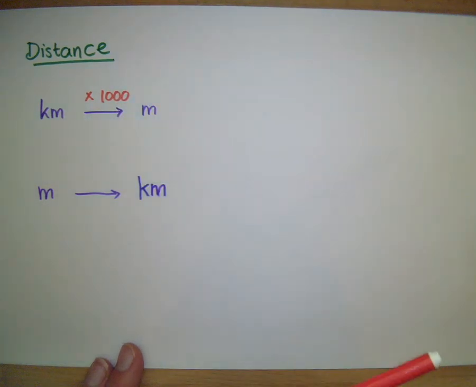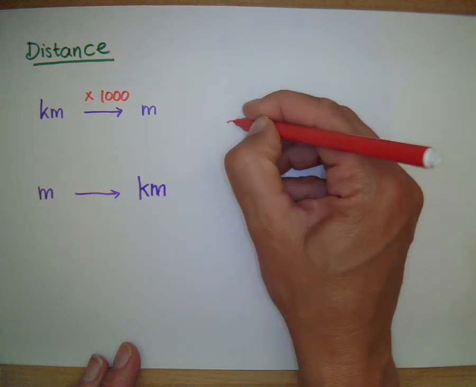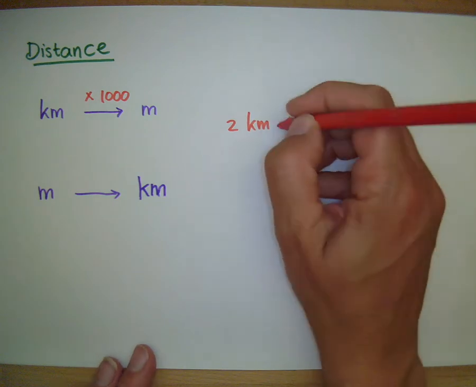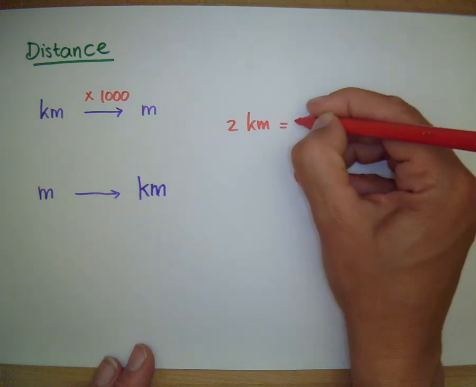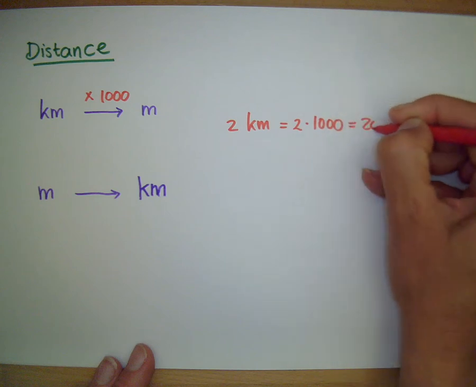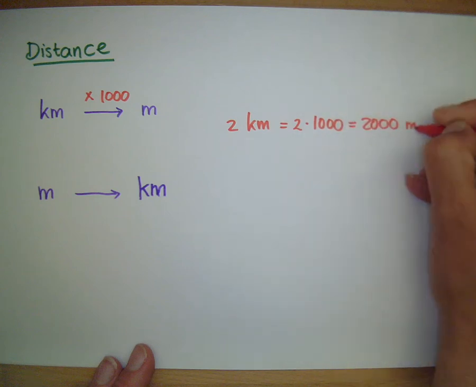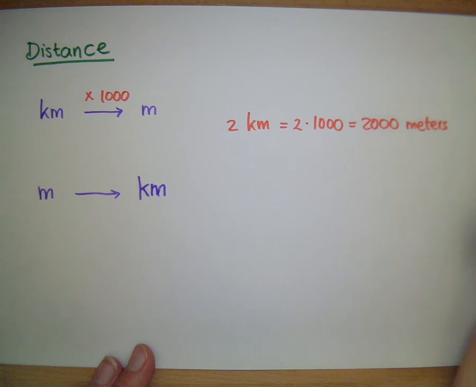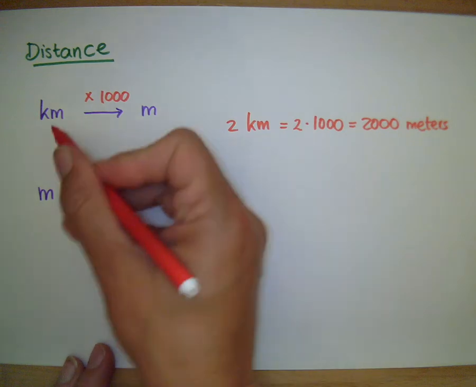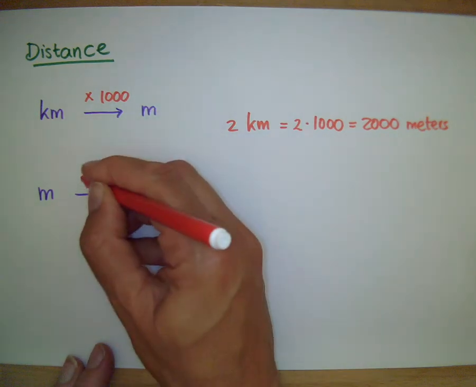So if I said I am going to drive 2 kilometers, and you asked me, how many meters is that? You just multiply by 1,000 to get 2,000 meters. Right? That makes sense. And then going from meters to kilometers, that's the inverse.